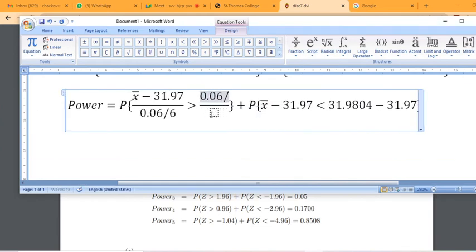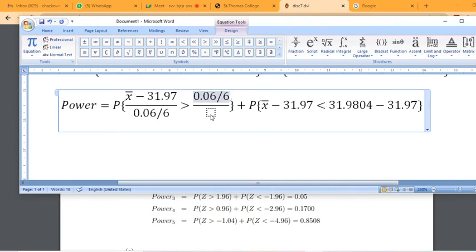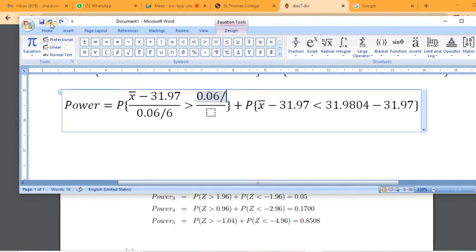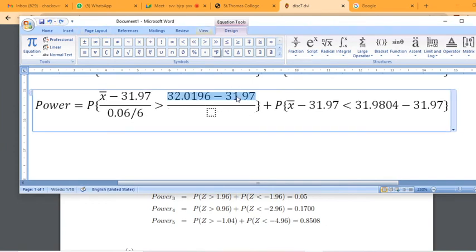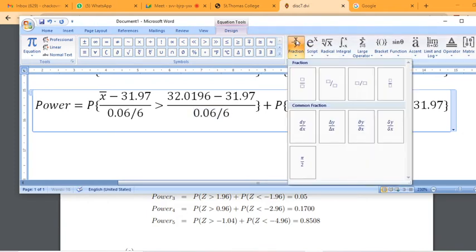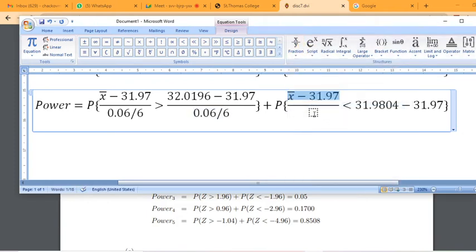Again we can do a similar analysis for the second part also.